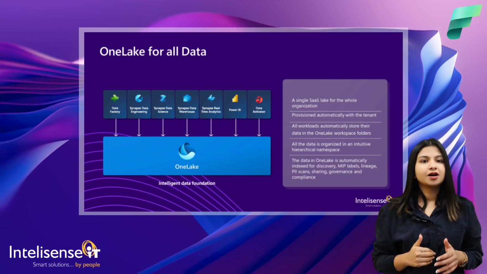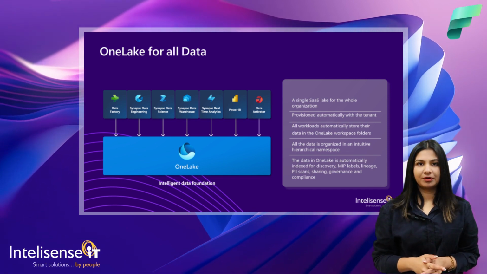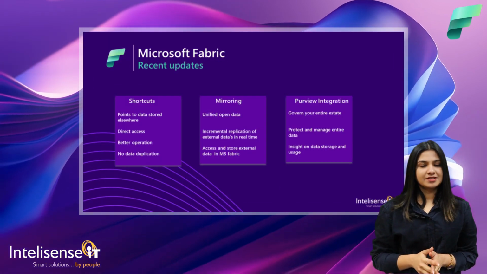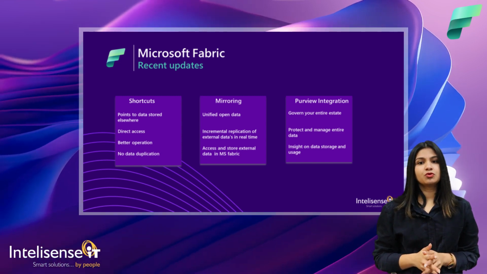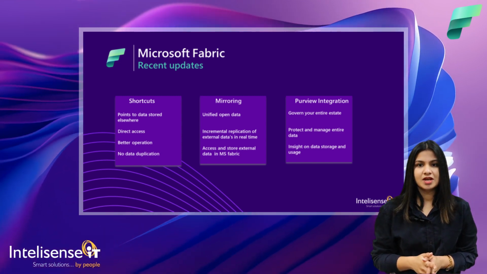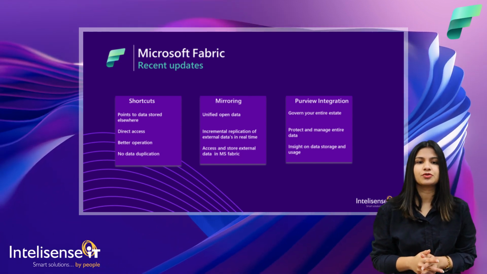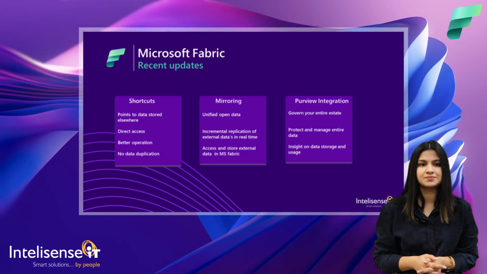In our recent updates, Microsoft has been introducing new updates every month for Fabric, and some recent interesting updates are Shortcuts, which is for visualizing data in OneLake without moving or duplicating it. And shortcuts are available for OneLake, Azure Data Lake Storage Gen 2, Amazon S3, and Microsoft Dataverse.